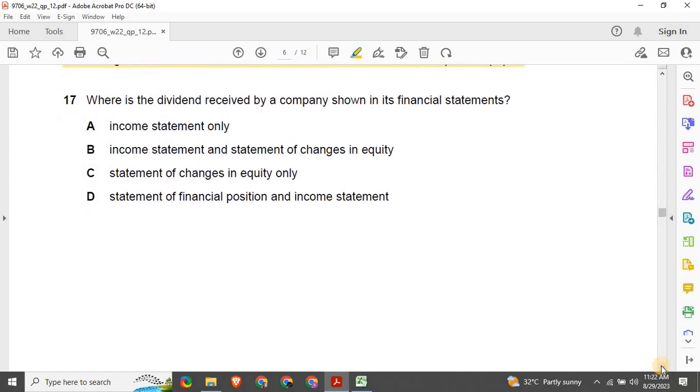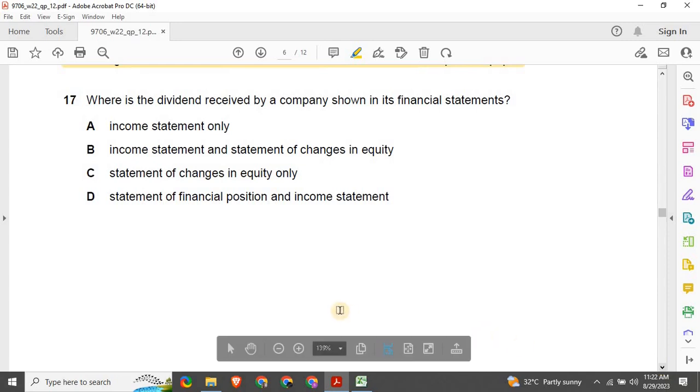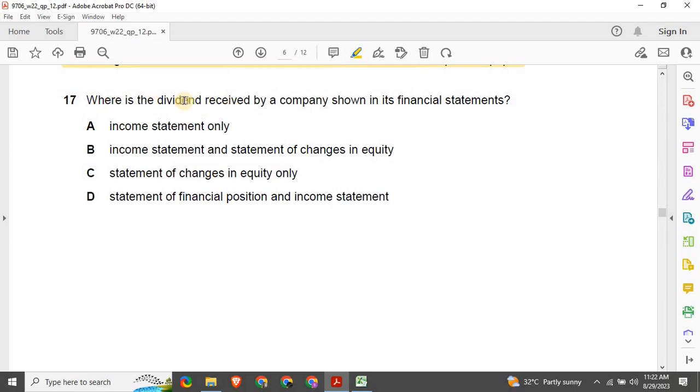Where is the dividend received by the company shown in the financial statement? If the company is receiving a dividend, where will we show it? So when we receive a dividend, basically when we invest in another company, and that company declares a dividend and pays the dividend, then we write it down in our account.